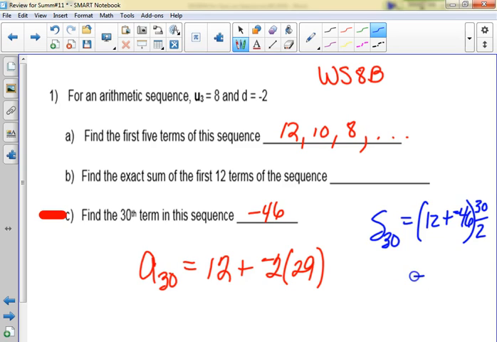I got -510. Did anybody else actually type that and get that? For a little extra practice? Did anyone do that and get something different? Someone check me. -510? Okay. That wasn't asked for. I was just doing extra, okay?